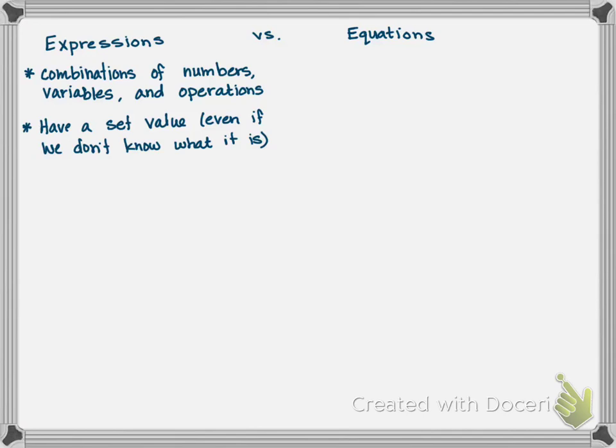So we can't multiply an expression by 2 without making it into a different expression with a different value. So the only things we can really do with expressions are simplify them, so rewrite them in a different way, or evaluate them.